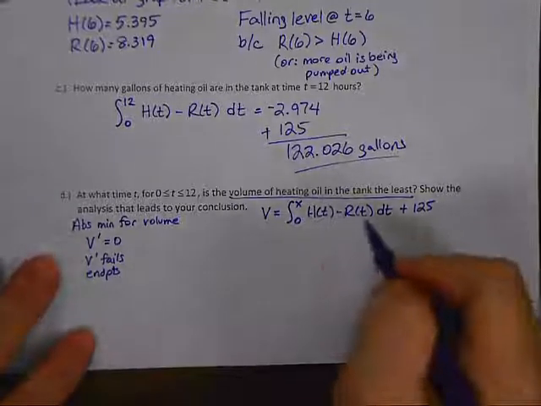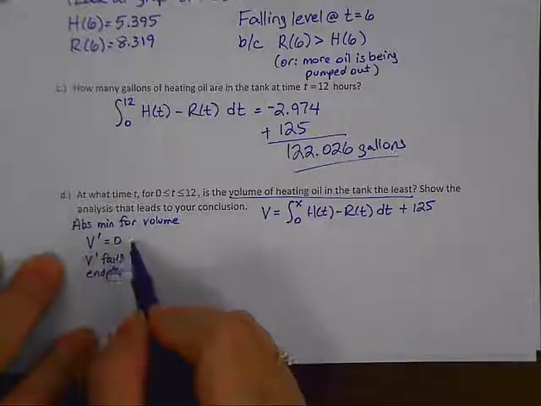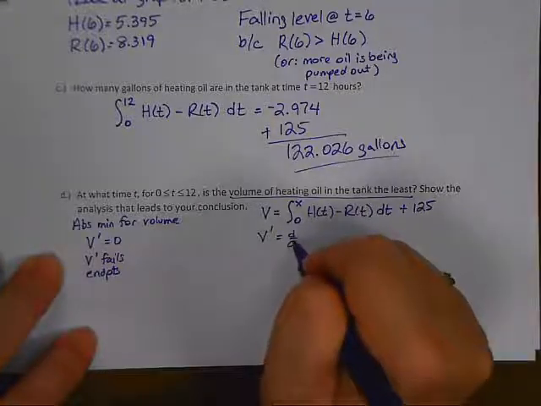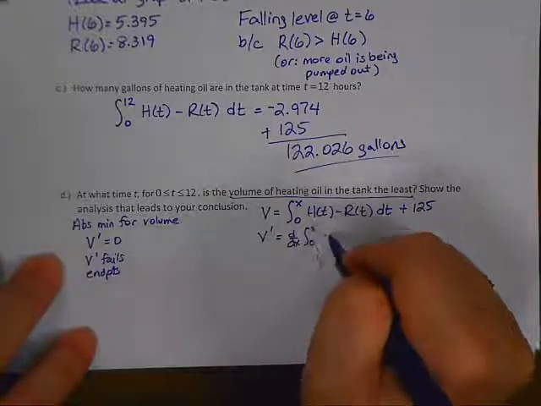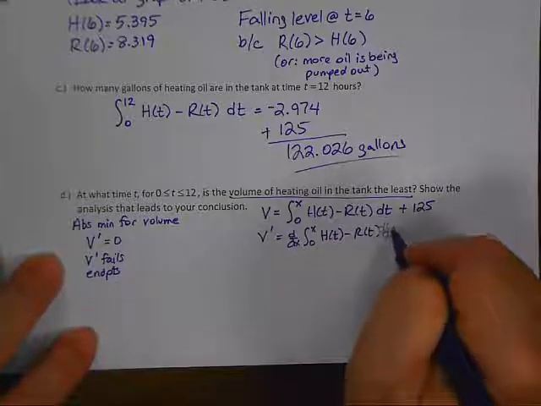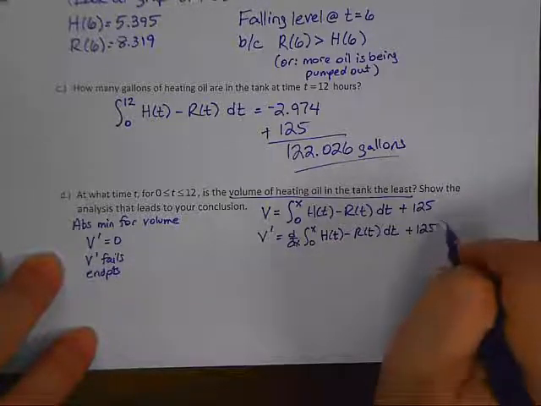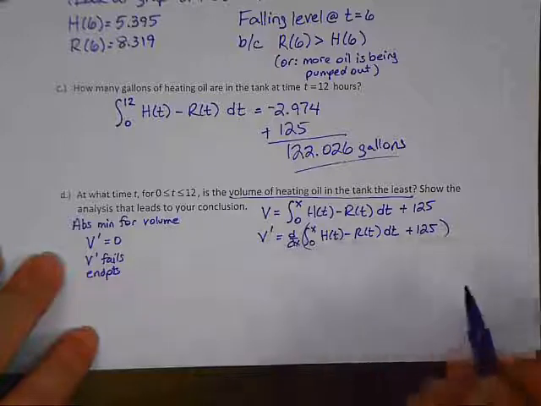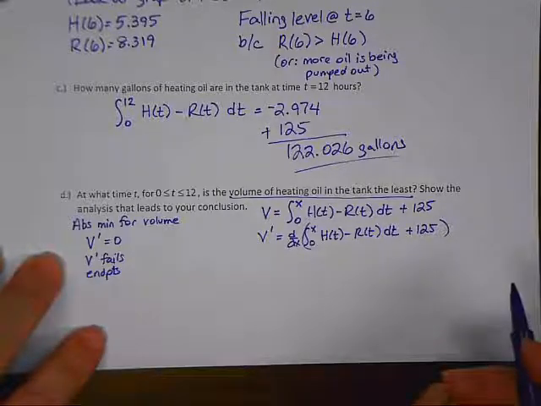Now, I'm supposed to take the derivative of that and set it equal to 0. So v prime would be the derivative of the integral. That looks familiar. I think we've done that before. Plus 125. So when you take the derivative of an integral, what do you do?